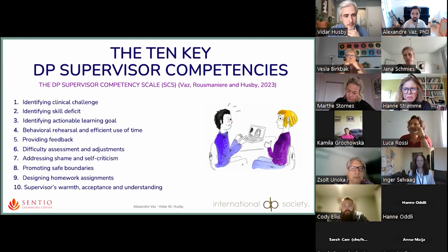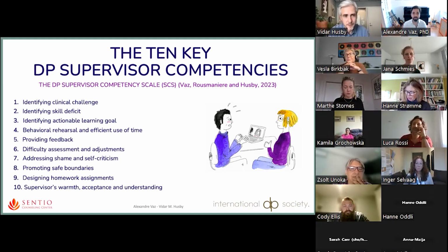It's a rating scale that we have worked a lot with. So that's also very good curriculum, I think, or at least helpful hints of supervisor behavior that promotes these competencies.